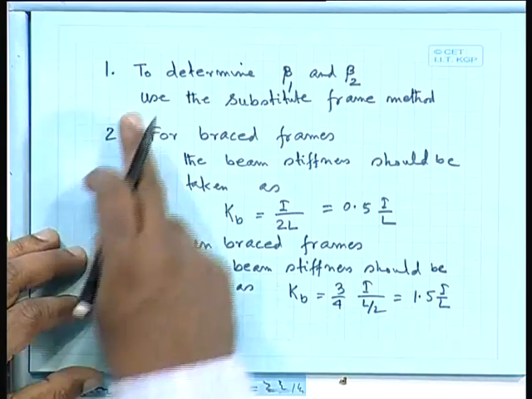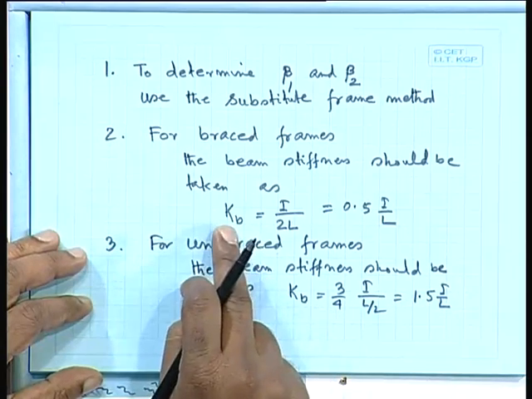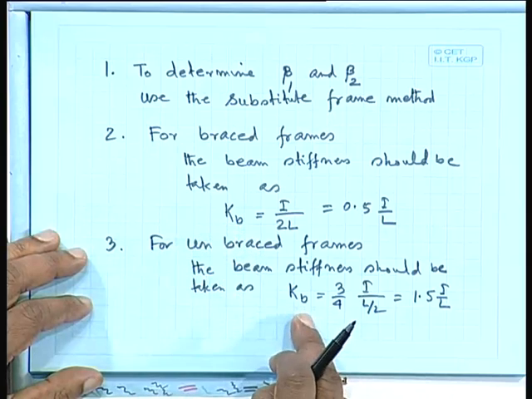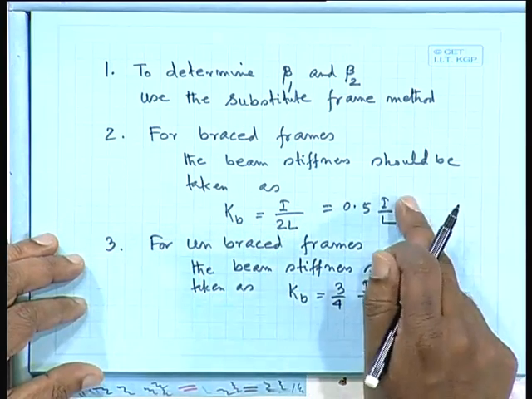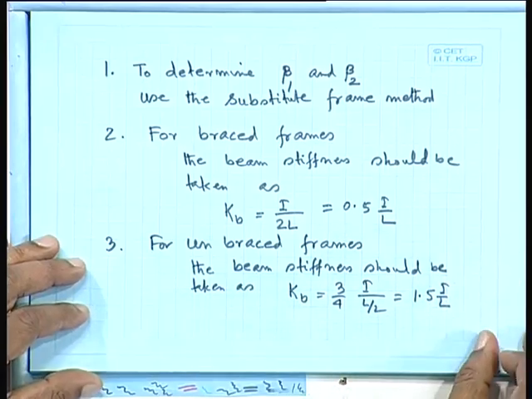These are the cases for the beam stiffness KB: for the braced one we take 0.5 I by L, and for the unbraced one we take 1.5 I by L.